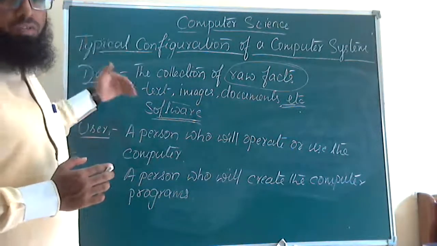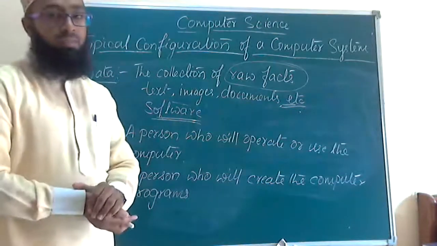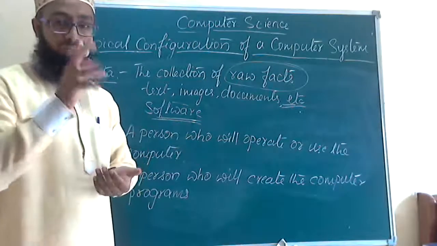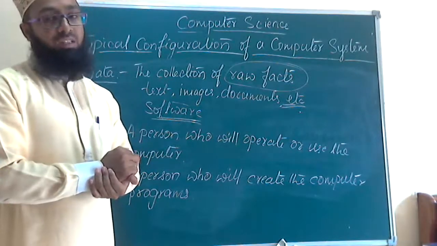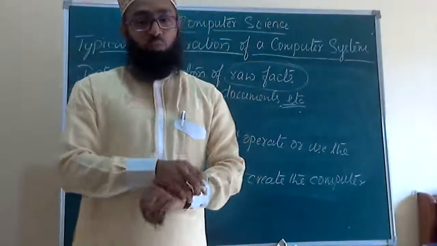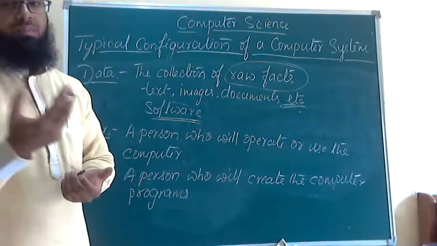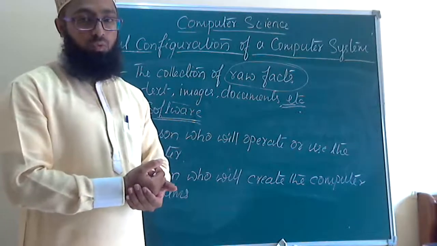Hardware, software, data, and user. If all these things are present, then only we can say that it is a complete computer system. If anything is left out, then that will not become a computer system. So you have understood the definitions regarding the components of a computer.